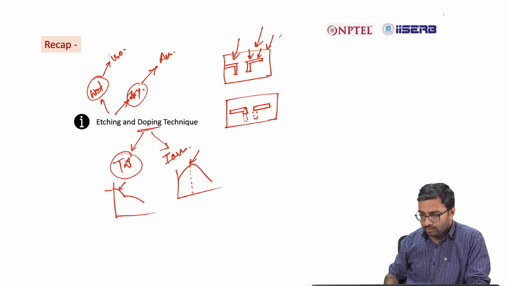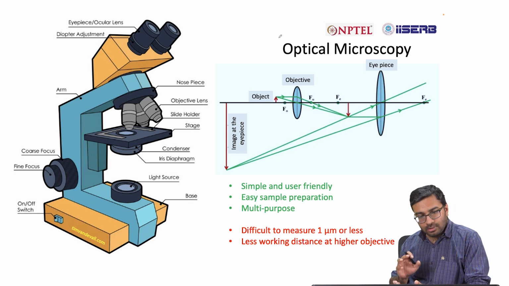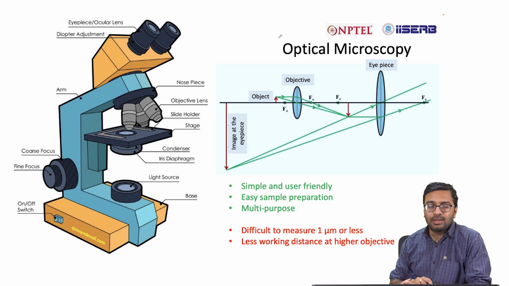So the first choice is an optical microscope, because an optical microscope is relatively, I would say, affordable, and the operation of an optical microscope is also relatively easier. So it's not very complicated equipment as such.